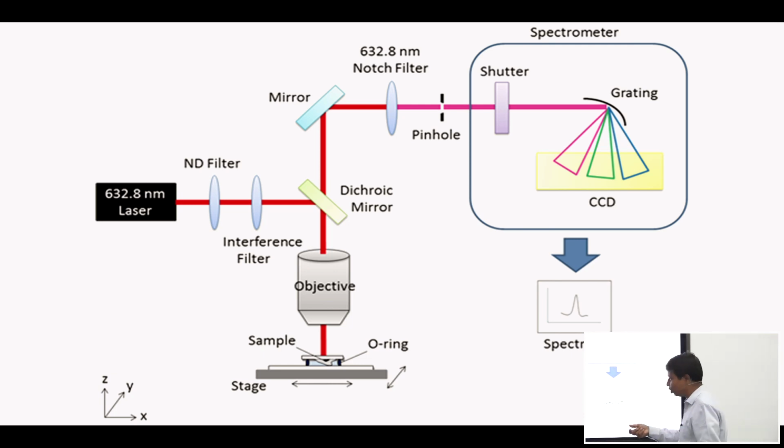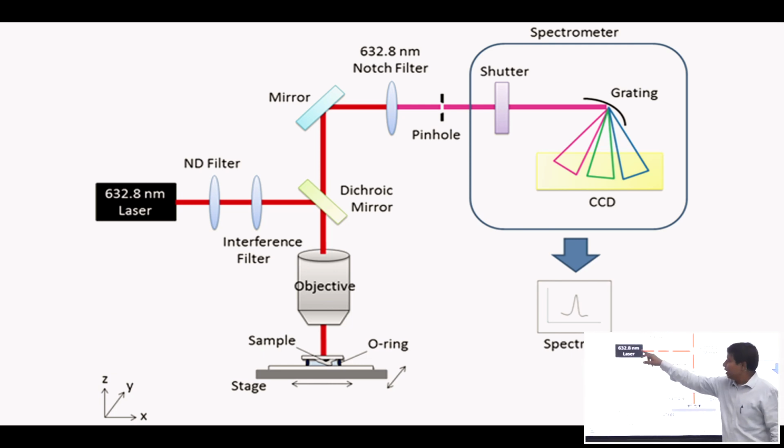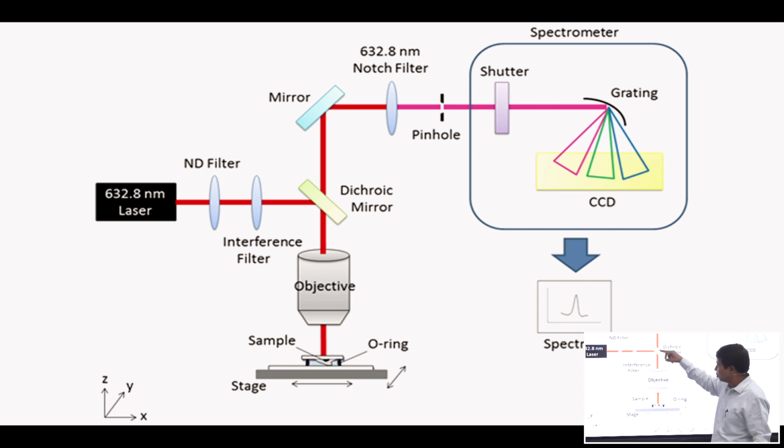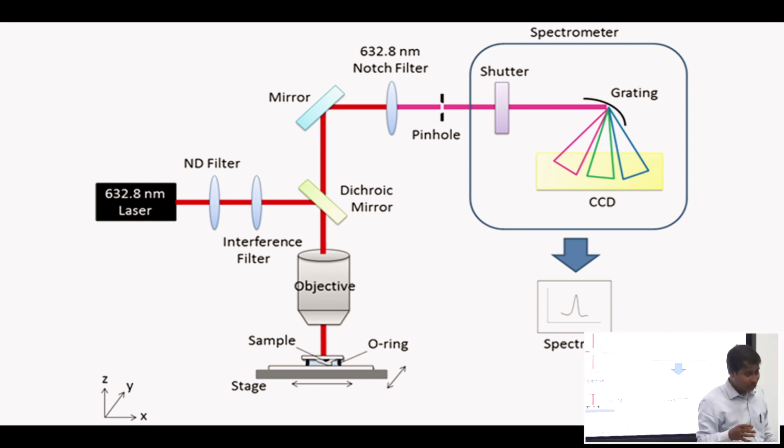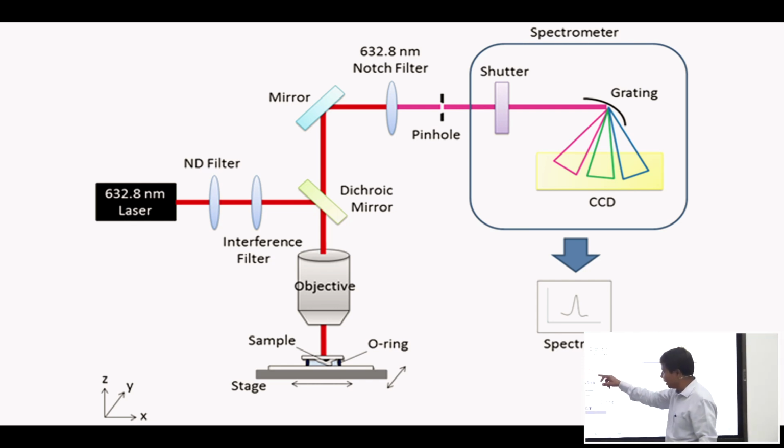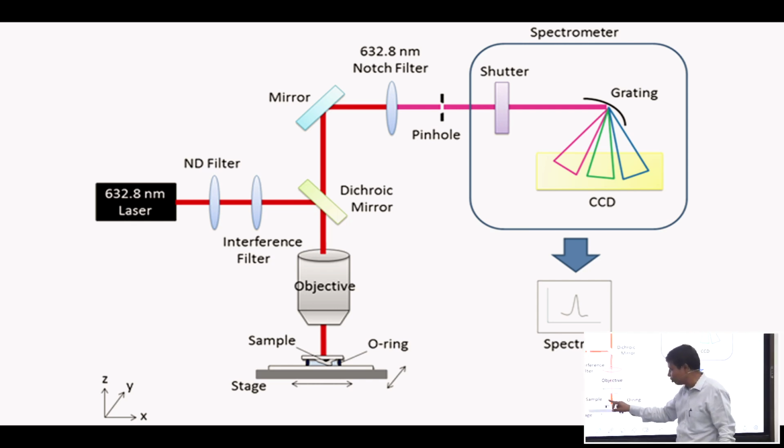So you reduce the energy, and then the beam splitter. The objective is like your microscope, it allows you to excite, and the same microscope allows you to collect the Raman scattered signal, which will be different from the excitation wavelength.